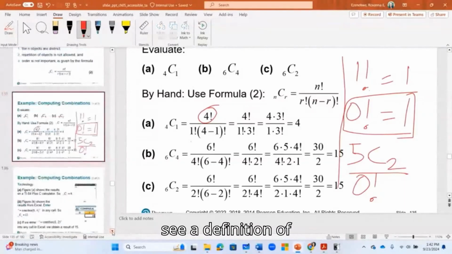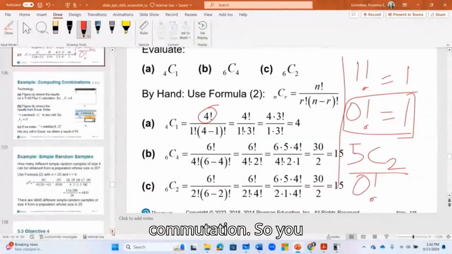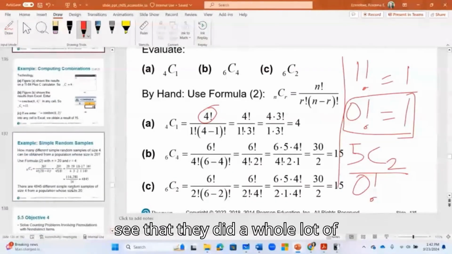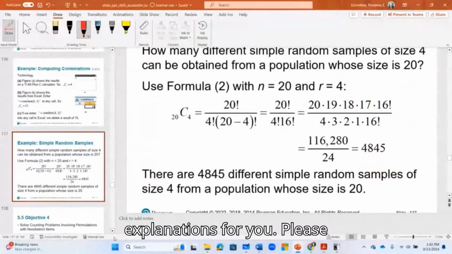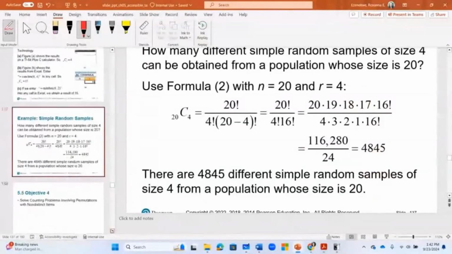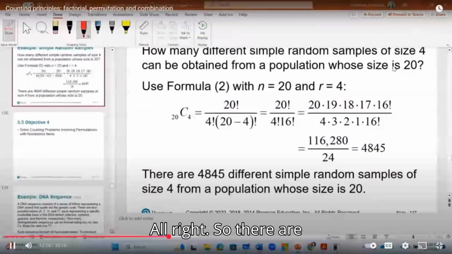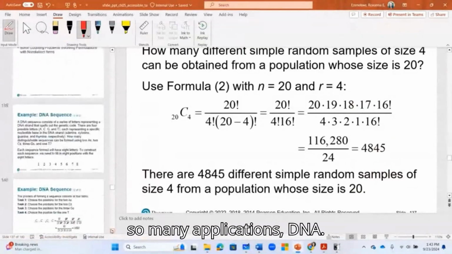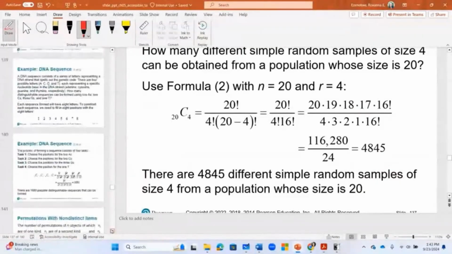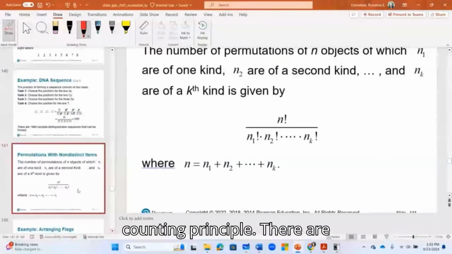So let's see the definition of permutation. You see that they did a whole lot of explanations for you. Please read this. There are so many applications, DNA. Now we go to permutation, the next counting principle.